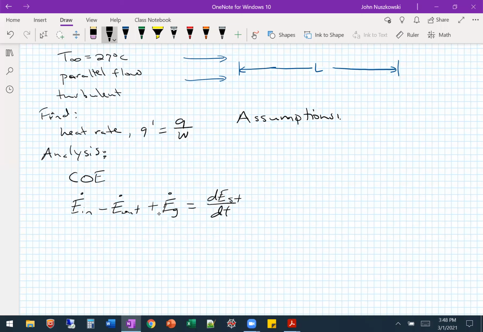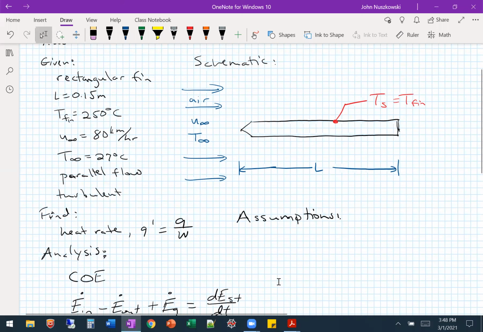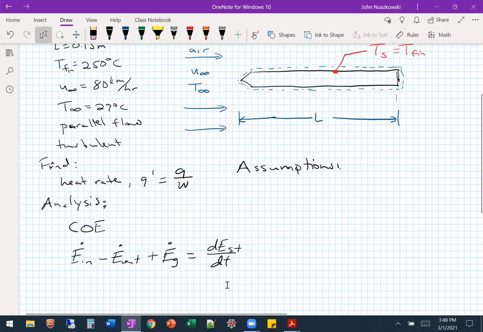All right, so we have energy in, out, generated, stored, right? So do we have any energy in this case? If I make my boundary here, do we have any energy out? Would it be yes because it's cooling?